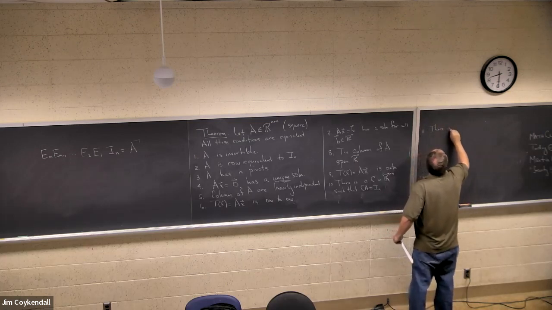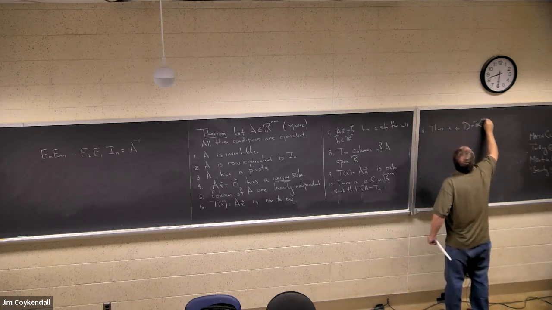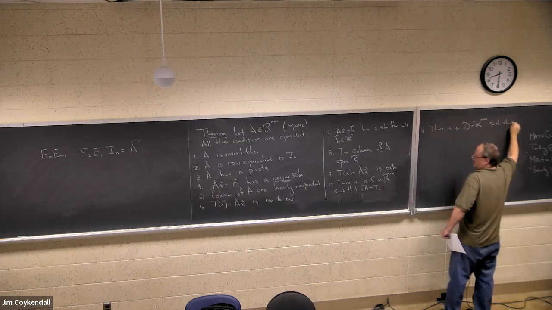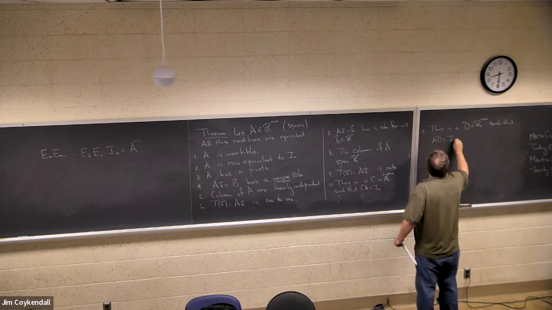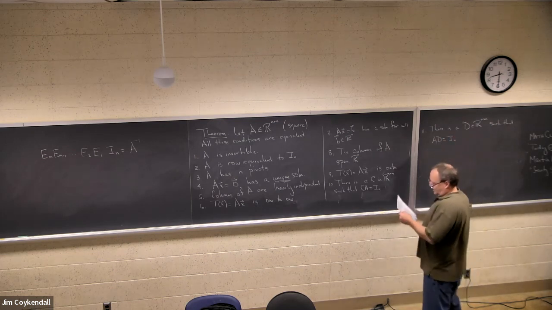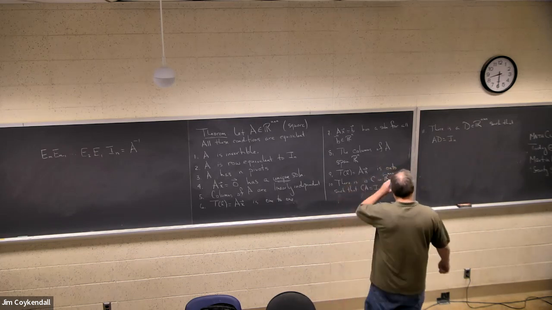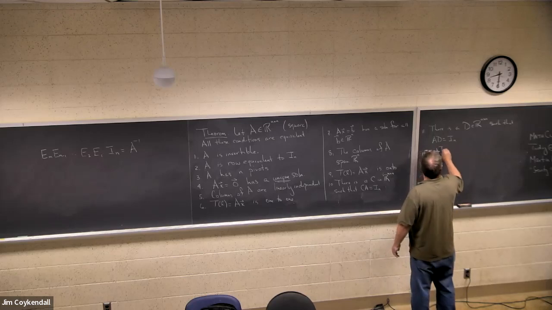There is a matrix D in R n by n such that AD is I_n. And finally, A transpose is invertible.